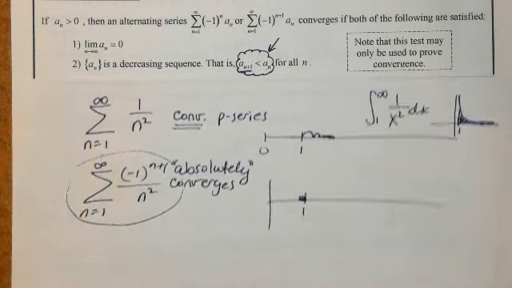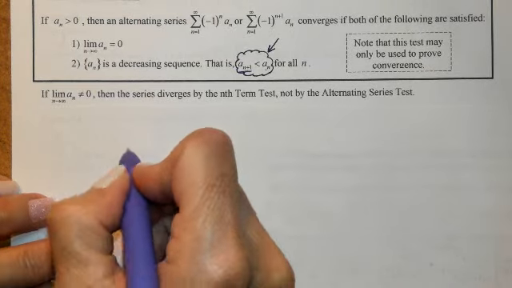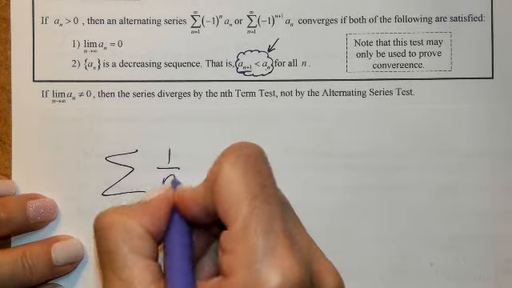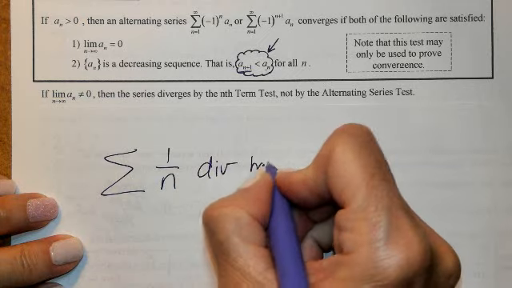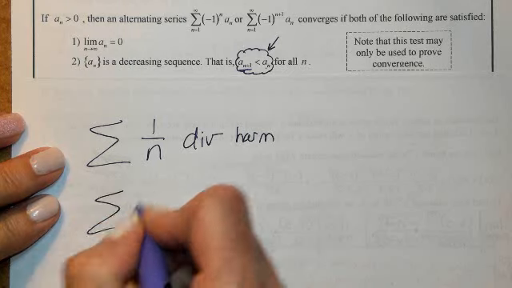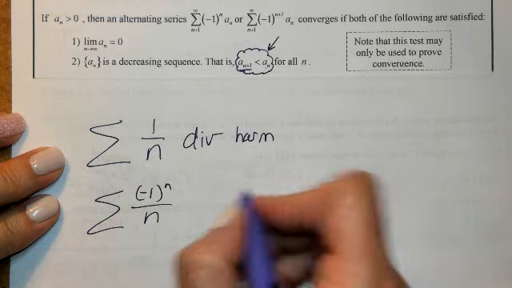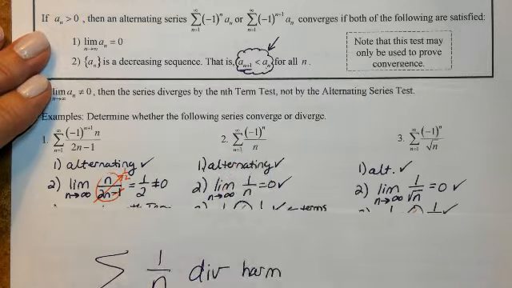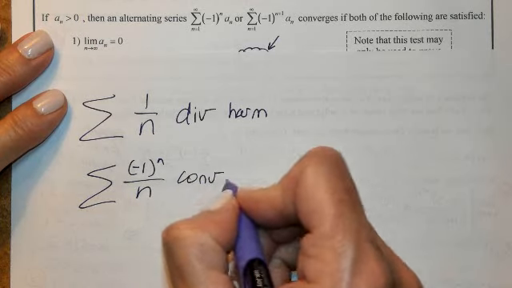But what if we have our harmonic? Our harmonic is diverging. We know that's a diverging p-series or harmonic series, right? But we found out in example 2 that this one converges by the alternating series test.